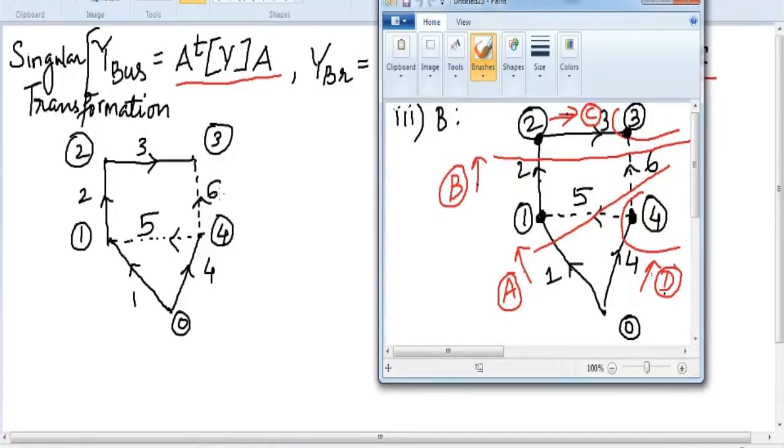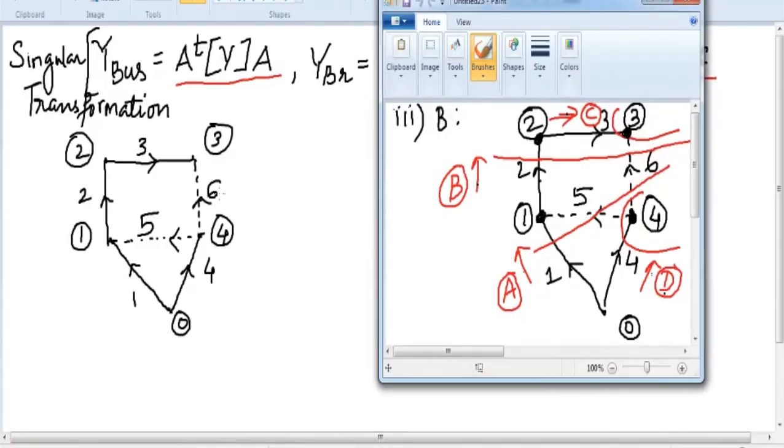Please put everything as it is given in the numerical. If it is not given, then we have already stated what is to be done: if the directions of the elements are not given, we go from the lower node to the higher node.